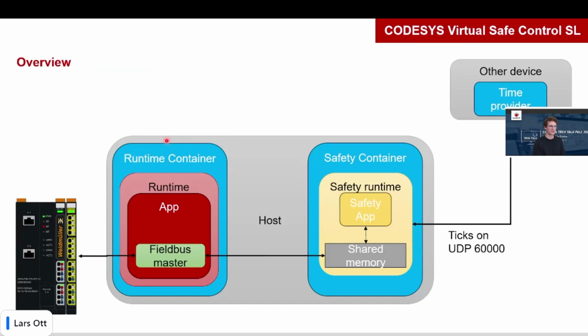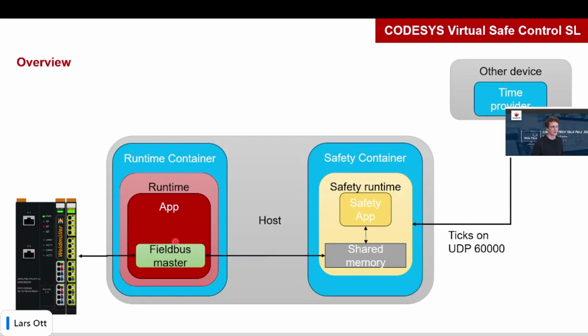Now putting this a little bit into a picture. On the left here, we have the aforementioned safety IO. In this case, it's a ProfiSafe IO that Weidmüller provided me for this demo very graciously. This ProfiSafe IO is connected to a regular runtime that acts as the field bus master. This is a regular CODESYS Control runtime.